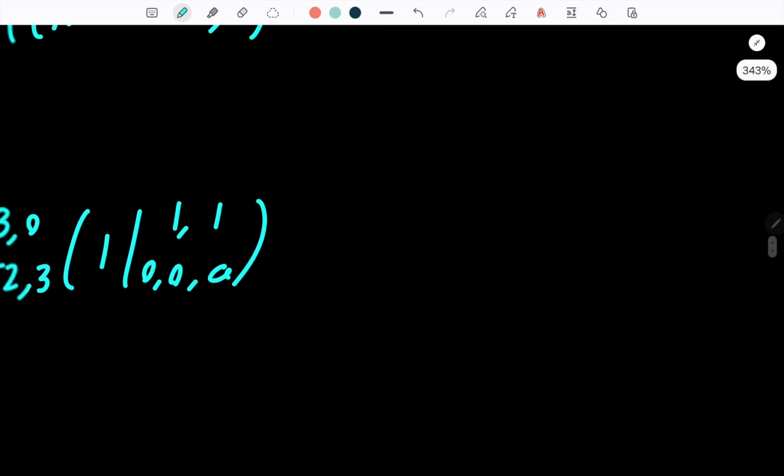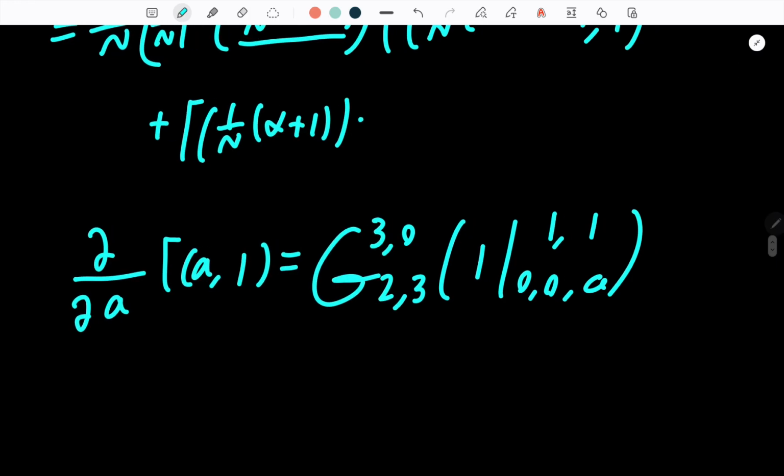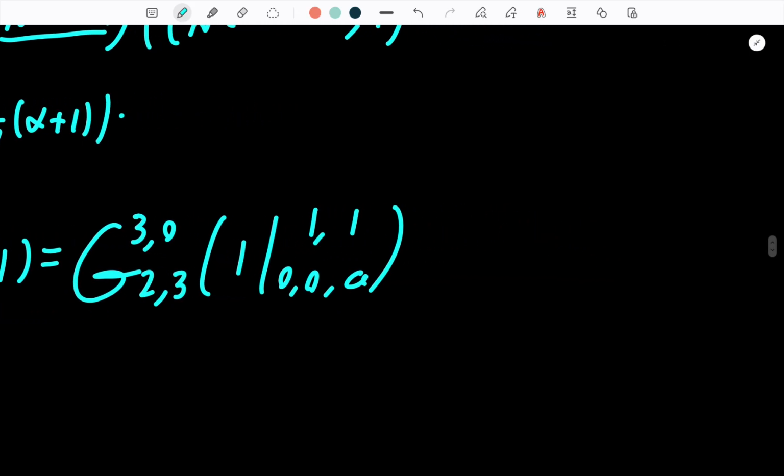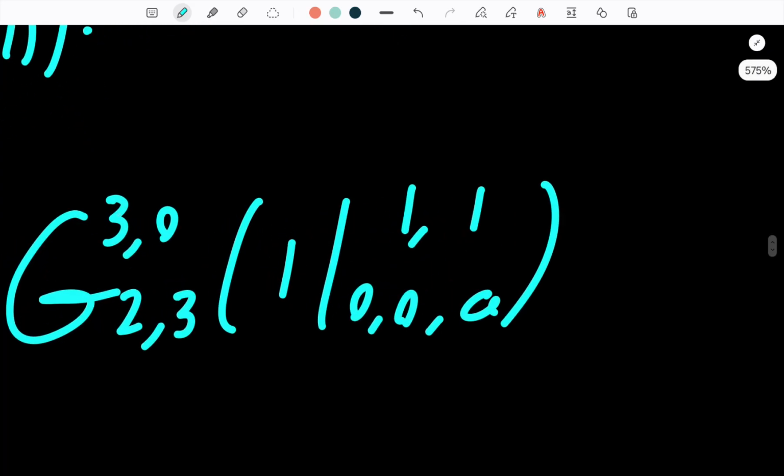And the derivative of the incomplete gamma function of a comma 1 with respect to a is going to be the Meijer G function, and we'll have 3 here, 0 here, 2 here, and 3 here. Now, of course, this means that m is equal to 3, n is equal to 0, p is equal to 2, and q is equal to 3.